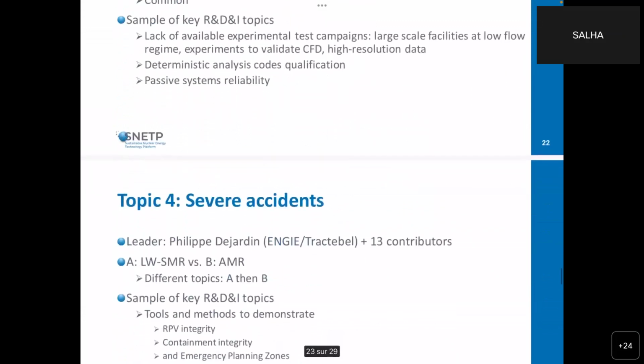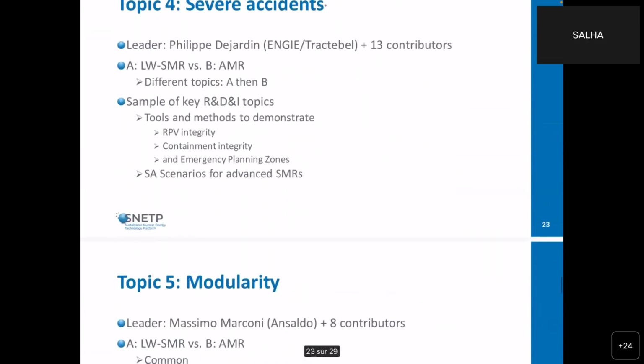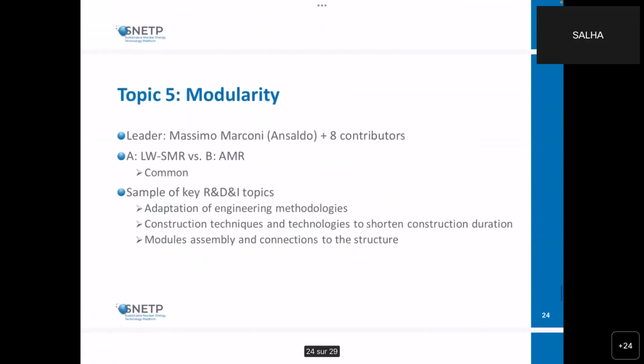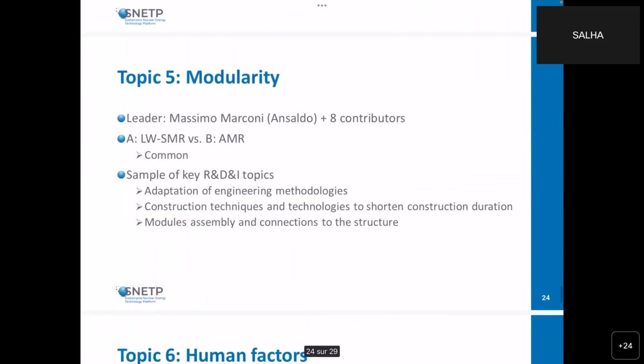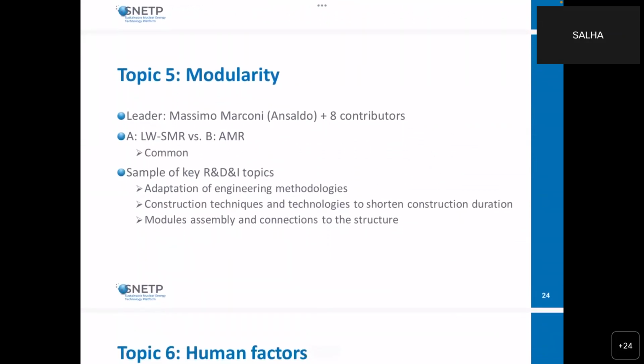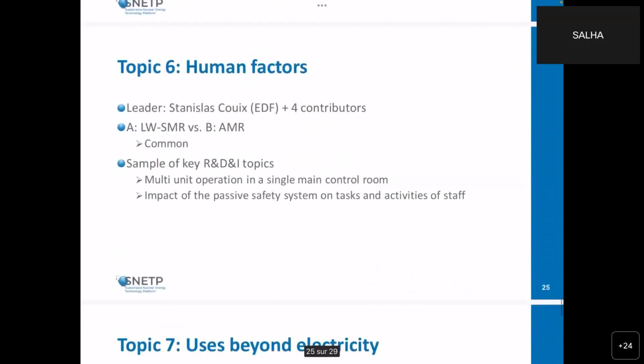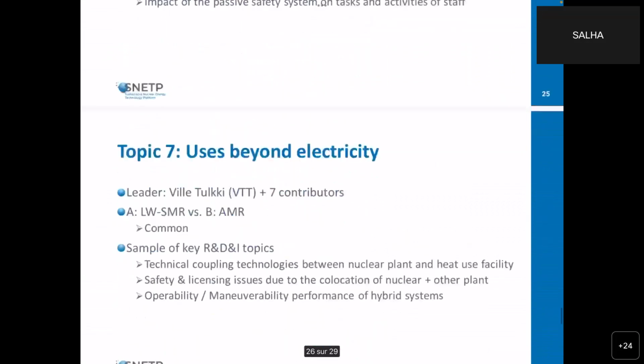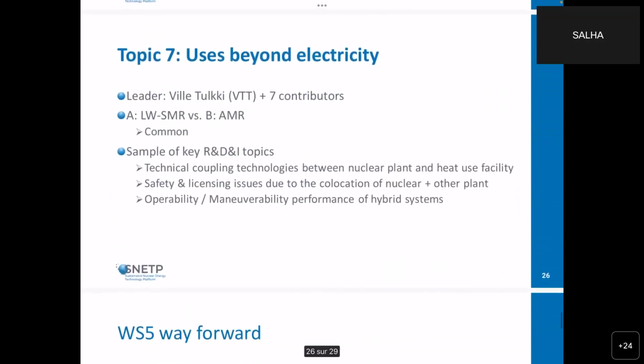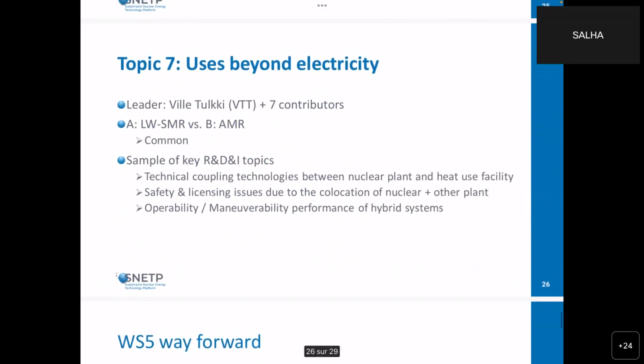There is really a huge work to be done. Severe accidents is, of course, perhaps more classic. Modularity is also quite important, and in fact mandatory if we want to succeed with our new reactor and SMR designs. Human factor is also a key topic, and perhaps to finish, the question of use beyond technology.